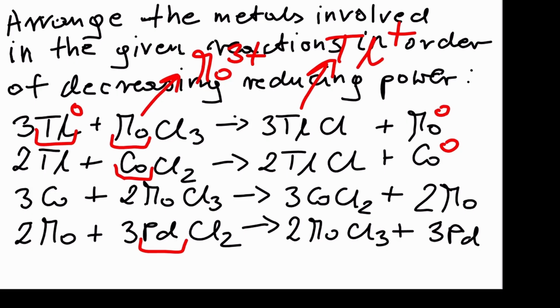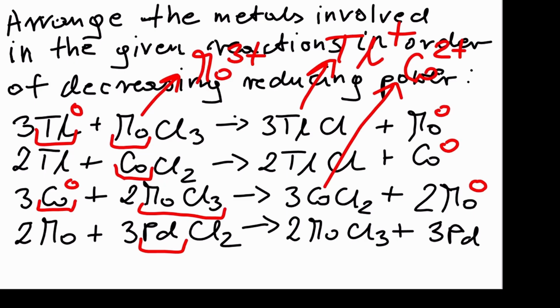Metallic cobalt with oxidation state equal to 0 reacts with the molybdenum chloride. And what do we have? Oxidation of cobalt into cations with the oxidation state equal to +2, and reduction of molybdenum to molybdenum atoms in the solid state with the oxidation state equal to 0.